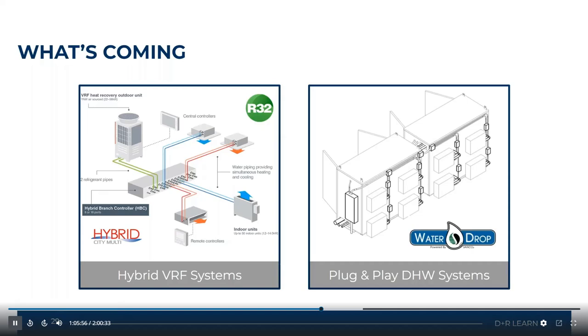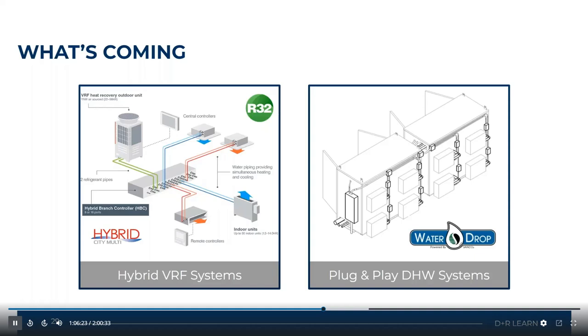So what's next? What's up and coming in the world of heat pump systems? On our image to the left here, what you see is a hybrid VRF system. Your VRF systems initially introduced were commonly found amongst commercial applications. And these VRF hybrid systems are starting to gain a lot of traction in the industry today.